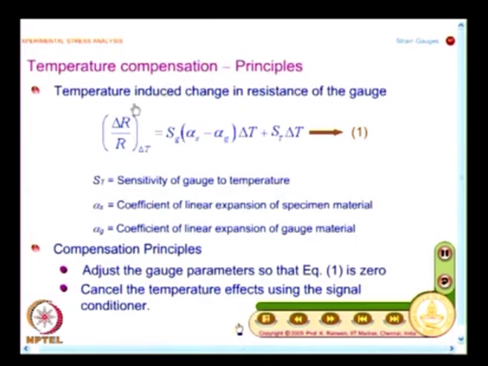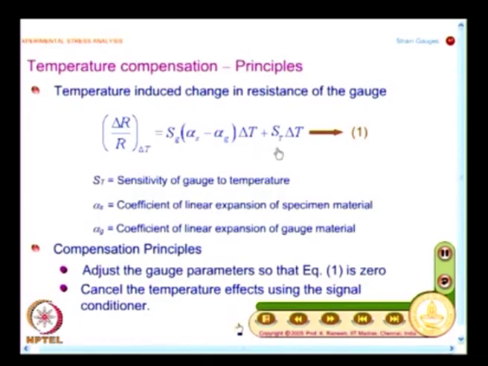And when I look at what happens to the strain gauge for a change in temperature, the delta R by R as a function of temperature change, delta T, is related to (S g into alpha s minus alpha g) into delta T, plus S t into delta T. So, the first term comes from differential thermal expansion of the specimen and the gauge. This causes a strain to be introduced, that is why I have S g here, and whatever strain is introduced is a function of change in temperature.